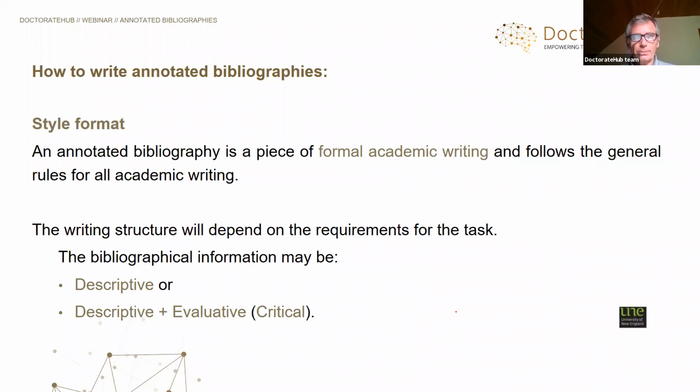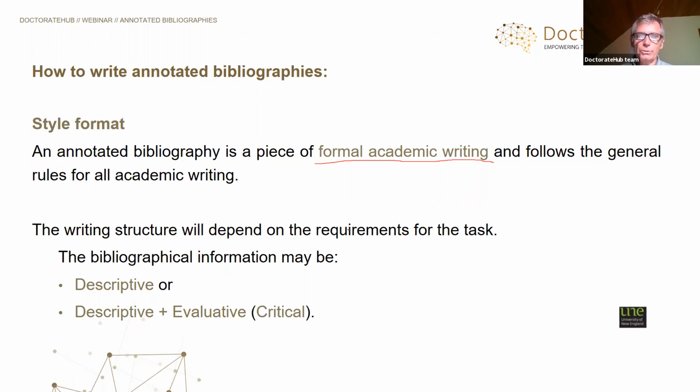In the style format, I mean, it's clear, I guess I don't have to go into that, it is a kind of formal academic writing. Many universities even have this as an assignment in their coursework, but in a way it's formal academic writing and it follows the general rules for academic writing. So I guess we don't have to spend too many words on that.